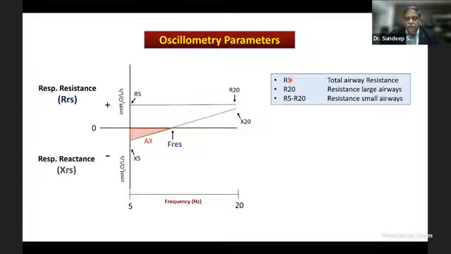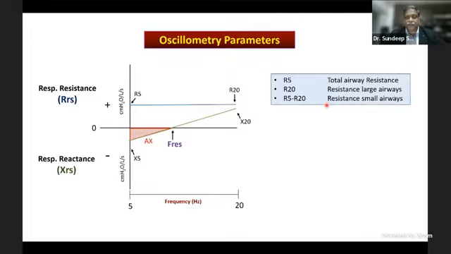Here are these parameters. The R5, or the resistance at 5 hertz, which is this point here, tells you the total respiratory resistance. The R20, this point, gives you information about resistance in the large airways. And R5 minus R20 gives you resistance in the small airways.